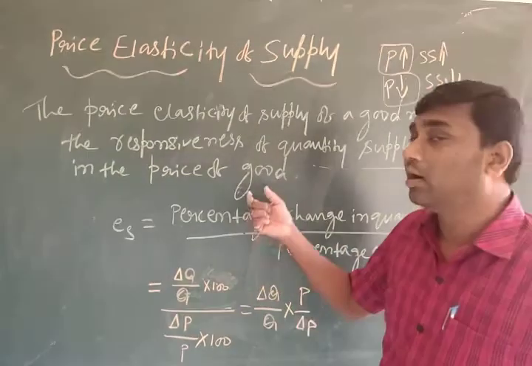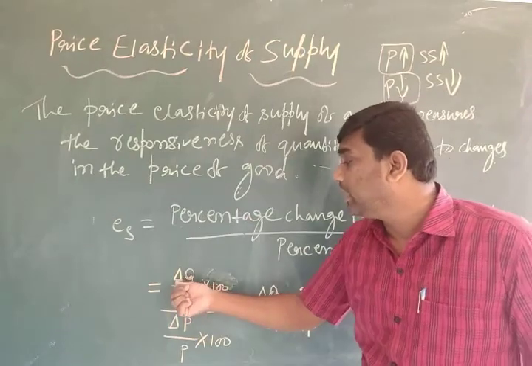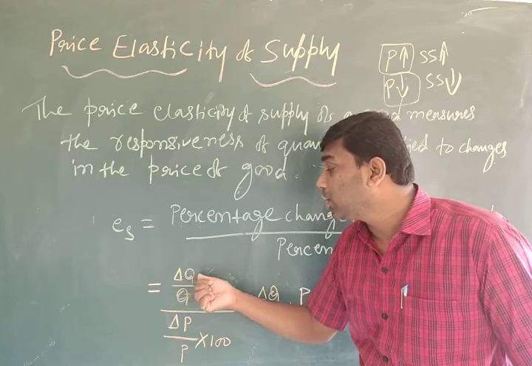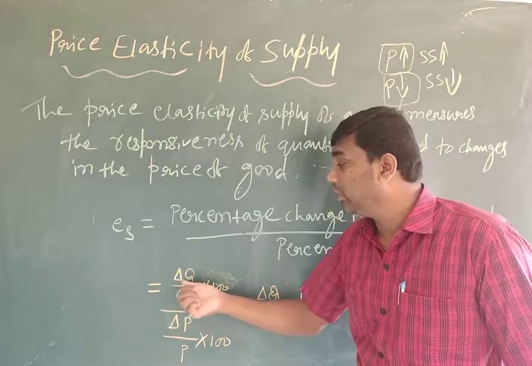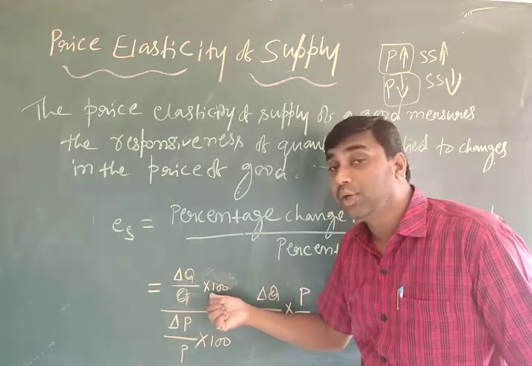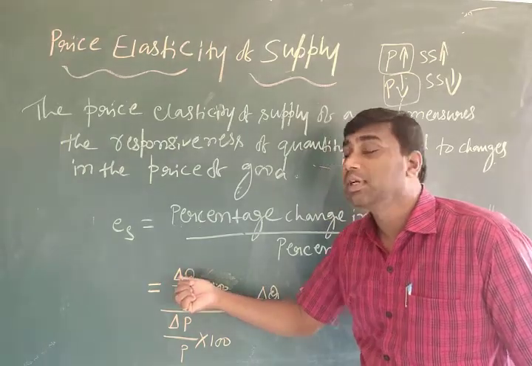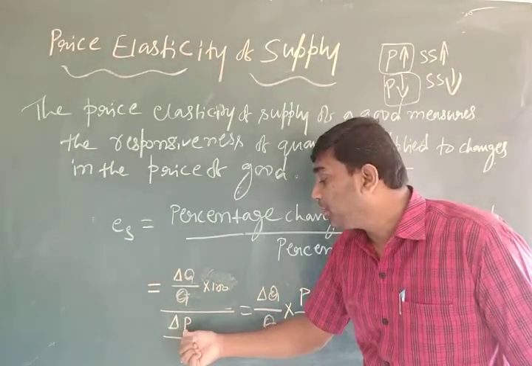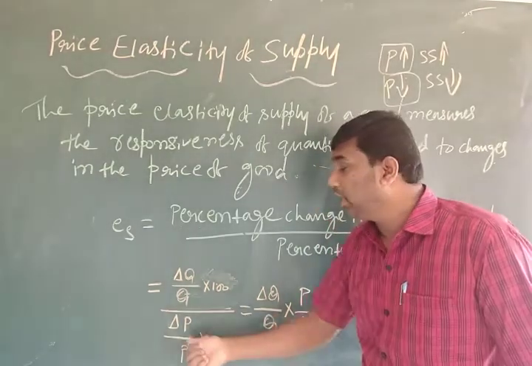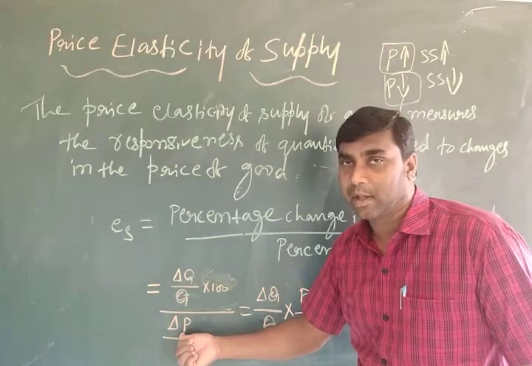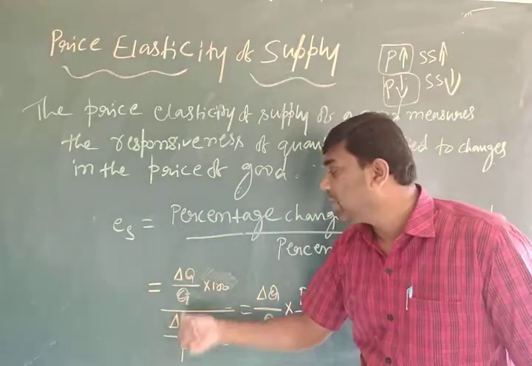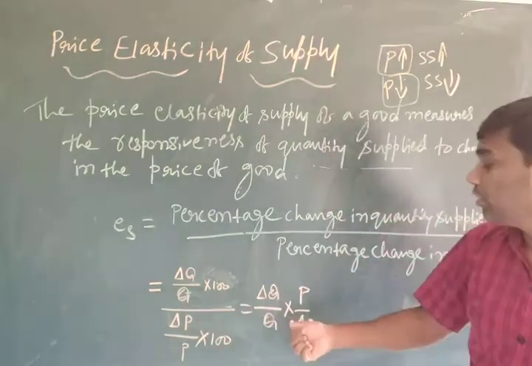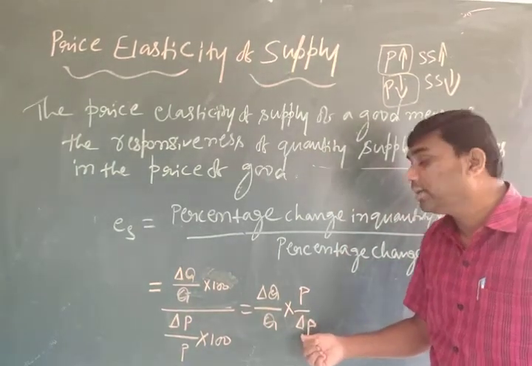Symbolically or algebraically, we can expand that: delta Q divided by Q into 100, where delta Q means change in quantity, and Q is the original quantity, divided by delta P divided by P into 100, where delta P means change in price, and P is the original price. This equals delta Q divided by Q into P by delta P.